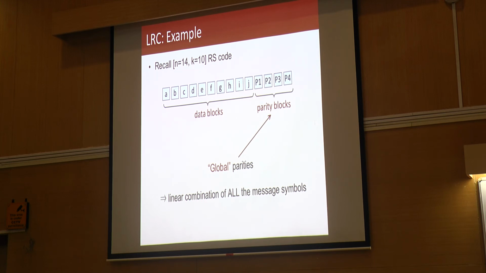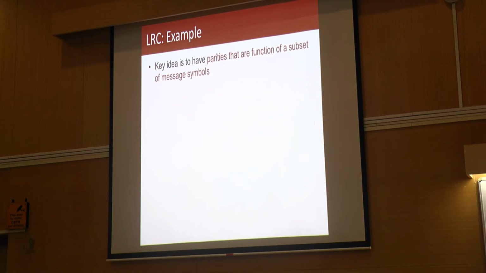So these are called global parities, and if it's a linear code, and typically almost all codes used in storage systems are linear, basically we will have linear combinations of the message symbols. So the key idea in reducing the reconstruction degree is to have parities which are functions of a smaller subset of the message symbols. So in this example, now we will have two new parities which are denoted by L1 and L2.